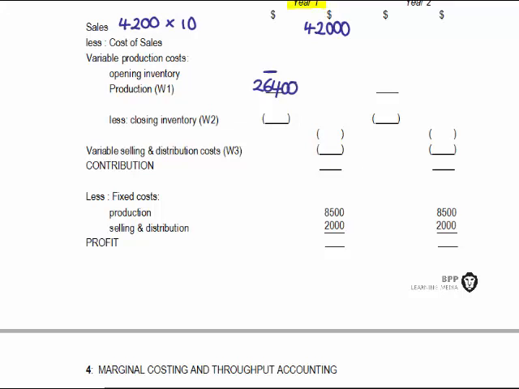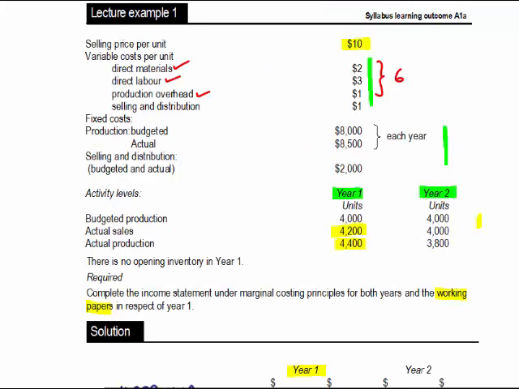We need to take off our closing inventory, and that's going to be valued at marginal cost only. Now, if we produced 4,400 and we sold 4,200 and we didn't have any opening inventory, well, that allows us to calculate the value of our closing inventory, and we'll do that in working 2.